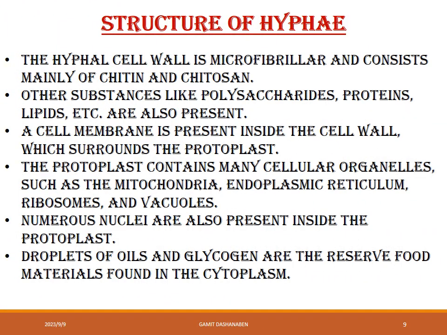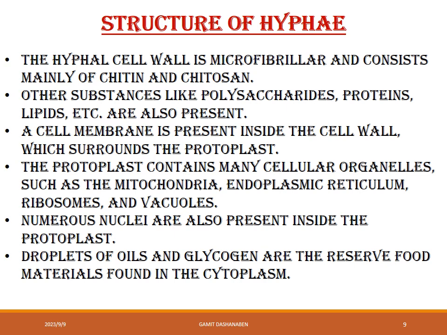Structure of hyphae: The hyphal cell wall is microfibrillar and consists mainly of chitin and chitosan. Other substances like polysaccharides, proteins, lipids, etc. are also present. A cell membrane is present inside the cell wall, which surrounds the protoplast.